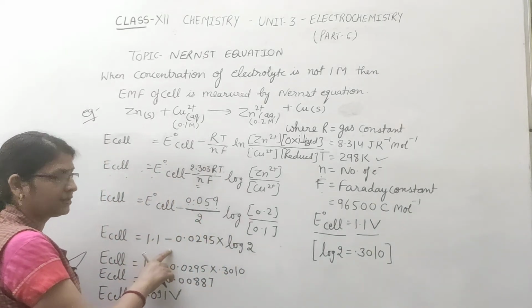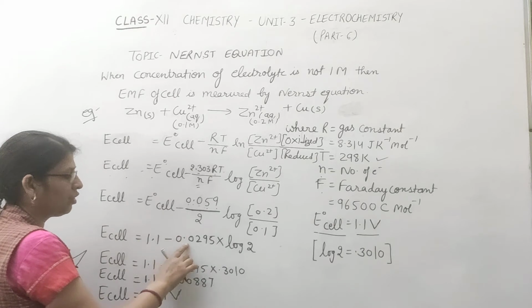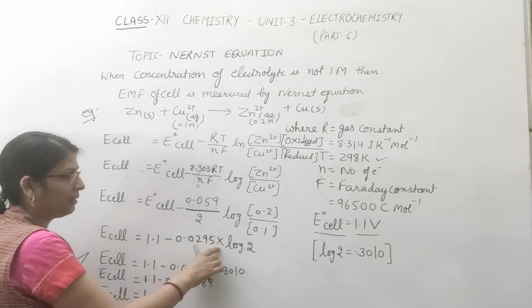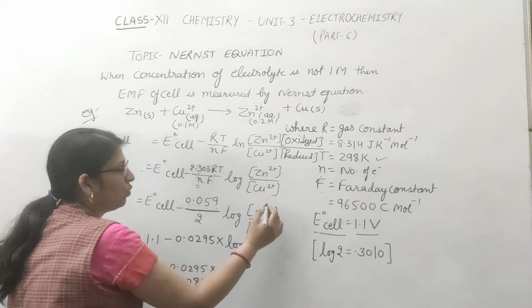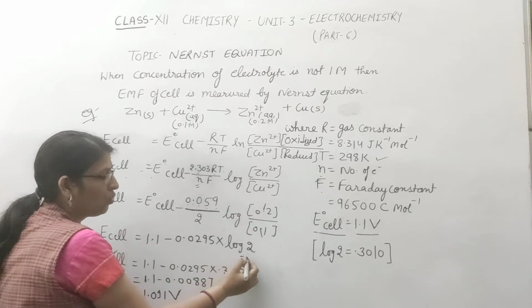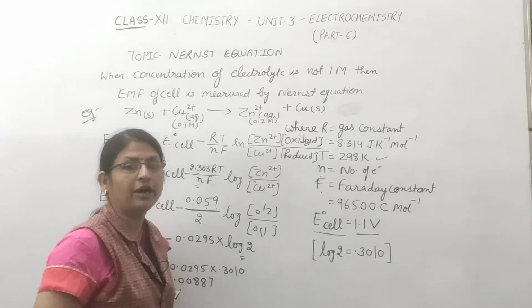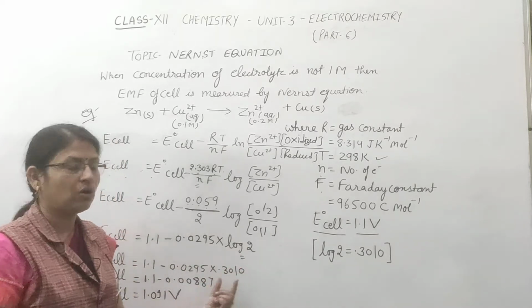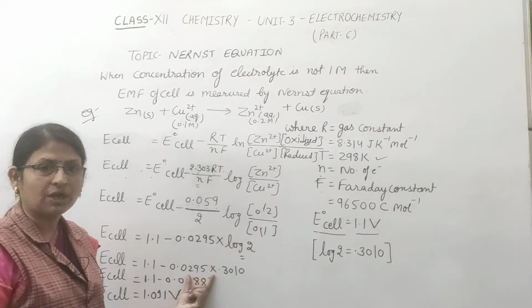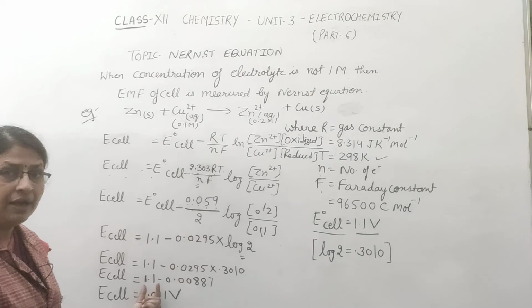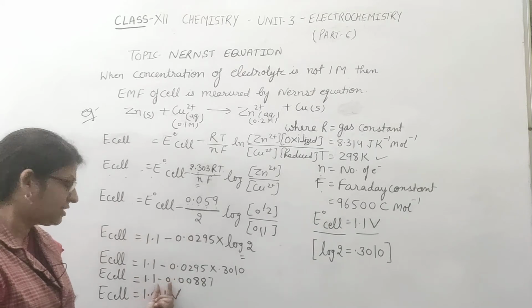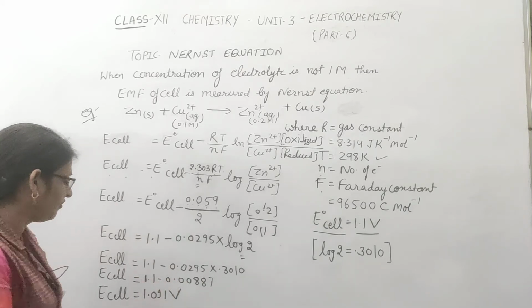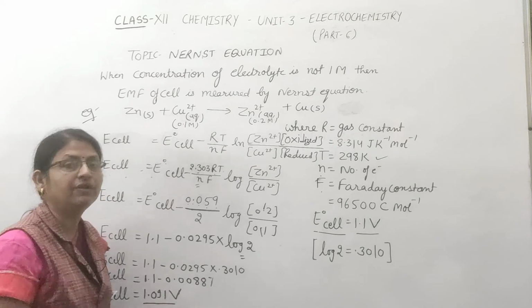1.1 minus 0.059 multiplied by log 2. The value of log 2 is 0.3010, so we put 0.3010 here. Multiply these two terms and subtract from 1.1, and we get 1.091 volt.